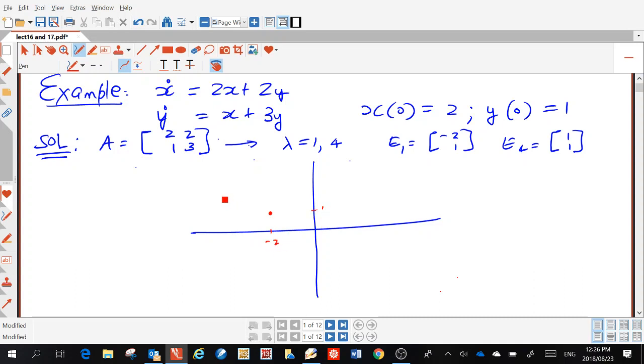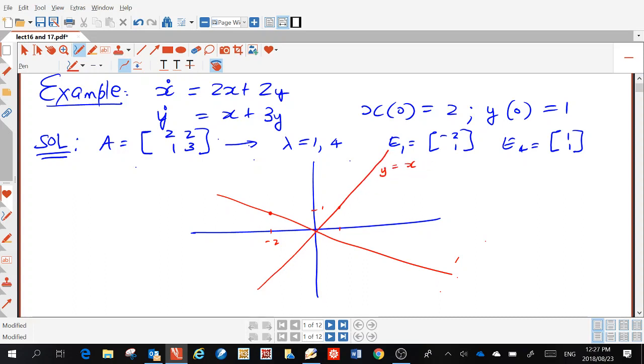So this line here is one of the eigenvectors. The eigenvector just gives us the direction to start. The other one is 1, 1. Take 1, 1. So that will be y equals x.